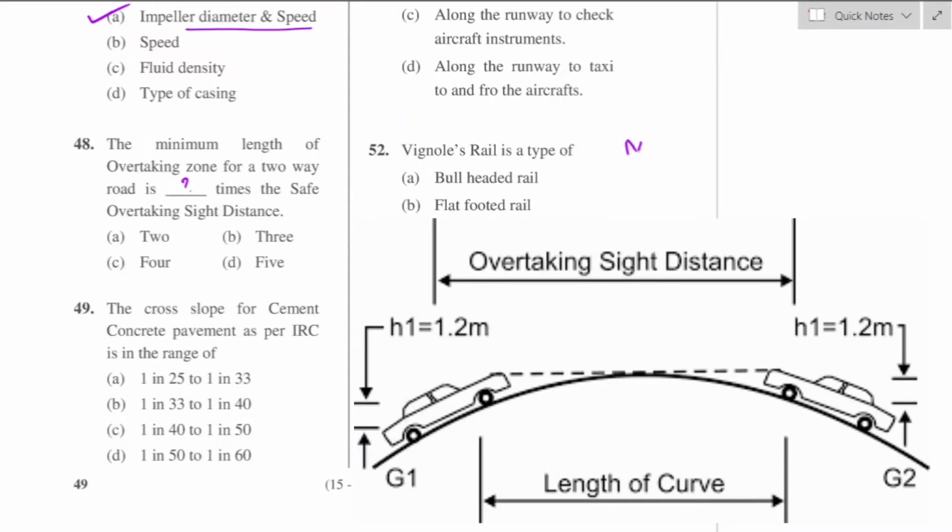So its minimum length will be 3 times the overtaking side distance. Suppose if it is asked for a desirable length of overtaking zone, it will be 5 times the overtaking side distance. So in the given question it is asked particularly for minimum length. So the right answer will be 3 times the overtaking side distance. Option B is the right answer.